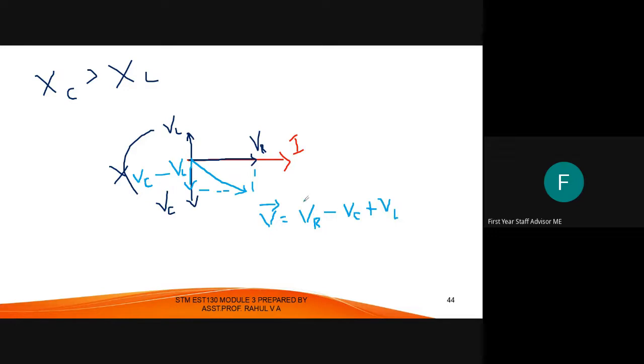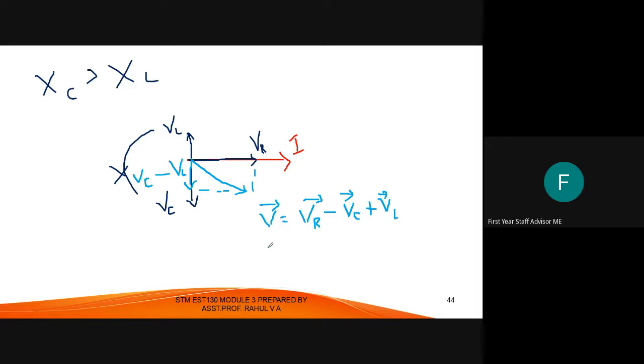So this is the equation. Because I have taken minus VC, it is in the negative imaginary axis. So I should write it like this: VR minus VC plus VL.